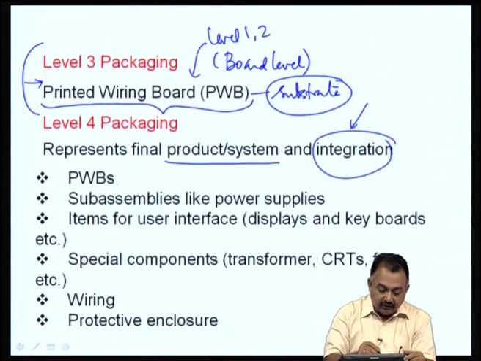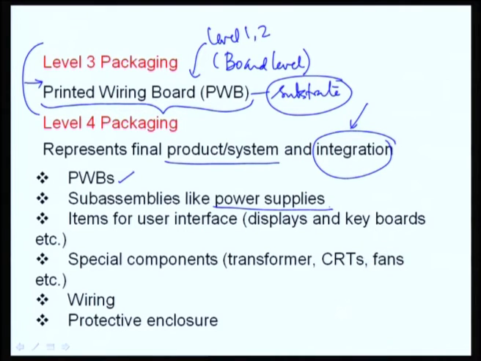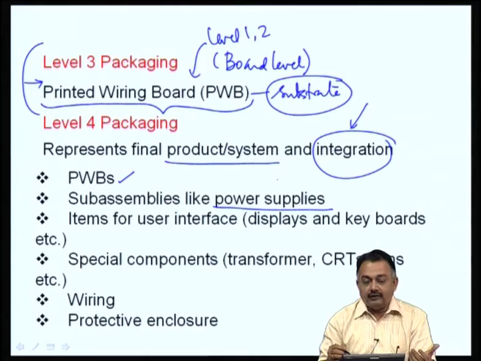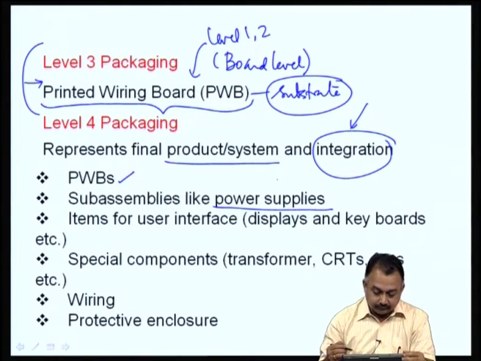So, in this you will deal with a lot of PWBs, you will deal with power supplies. Like in a computer, you see there is a motherboard, there is a graphics card, and then the important thing is your power supply, which is very important to run your system.